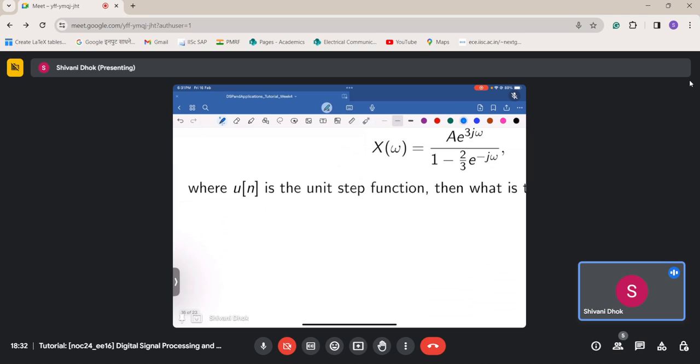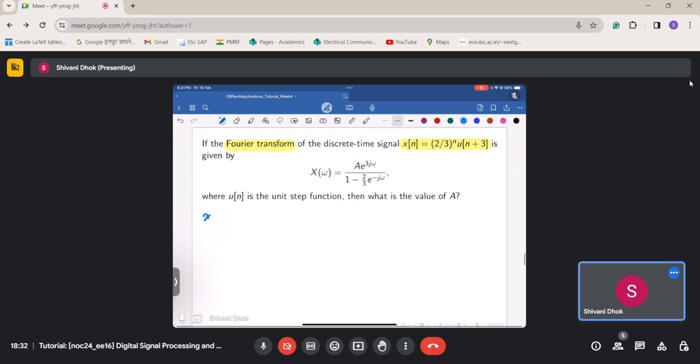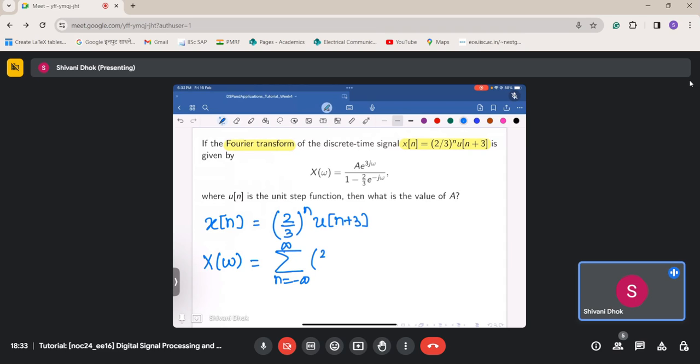So what we are given is this x of n is 2 by 3 to the power n into u of n plus 3. So this X of omega is equal to summation n running from minus infinity to infinity x of n, which is 2 by 3 to the power n into u of n plus 3 into e power minus j omega n.